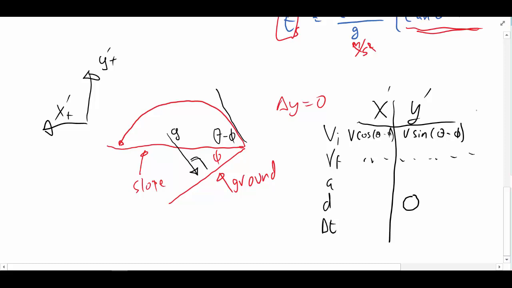And here our accelerations get a little interesting. Okay? So what's our acceleration for gravity? Okay, what's our acceleration in the y prime direction? G sine phi. So we have g sine phi. And my question would be, if phi went to 0, would we believe that?